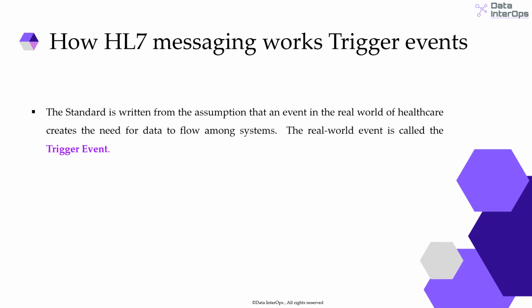So registration of the patient is the conclusion of an event because they are clicking on the save button to save the patient details. After finding that the phone number is incorrect, that phone number gets corrected and they click on save. So this is the conclusion of the second event.